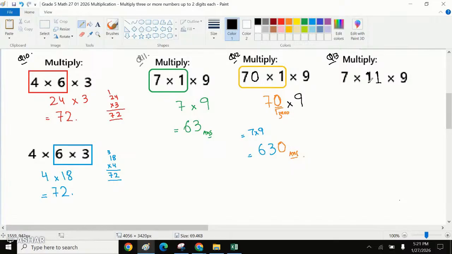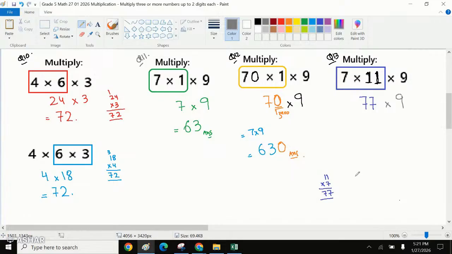So 7 multiplied by 11: 7 times 1 is 7, which means this comes out to be 77 multiplied by 9.